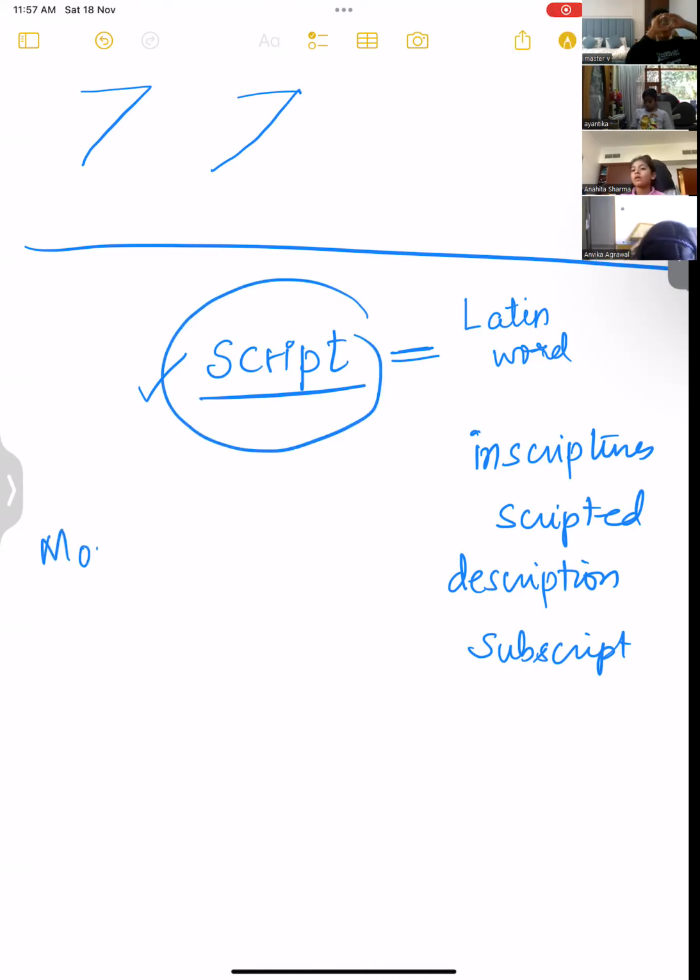And that is why morphemic awareness is essential. Morphemic awareness is imperative.